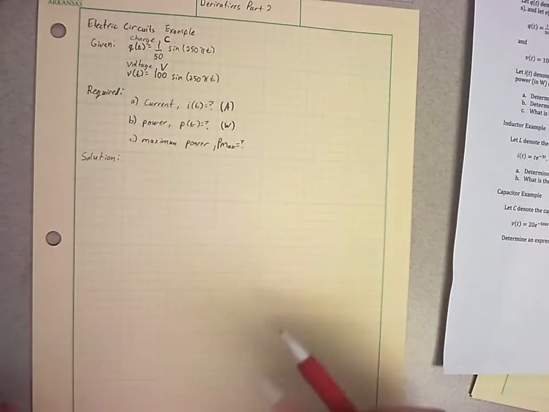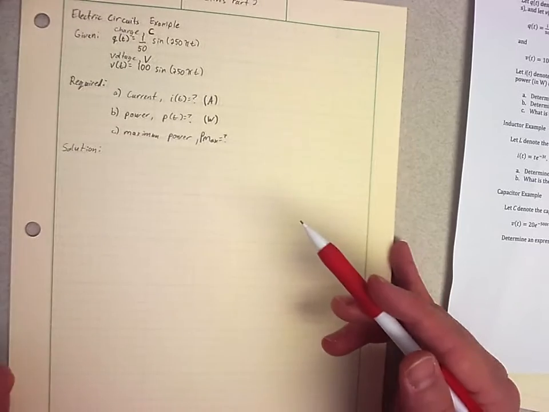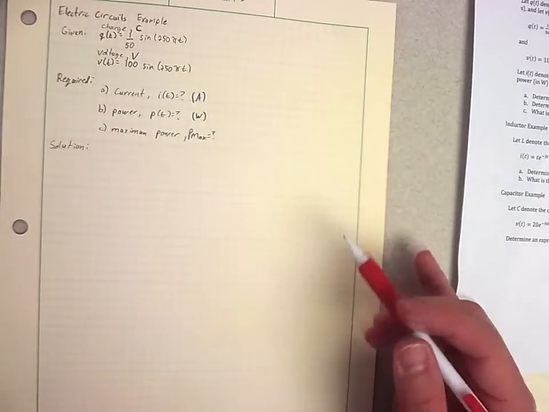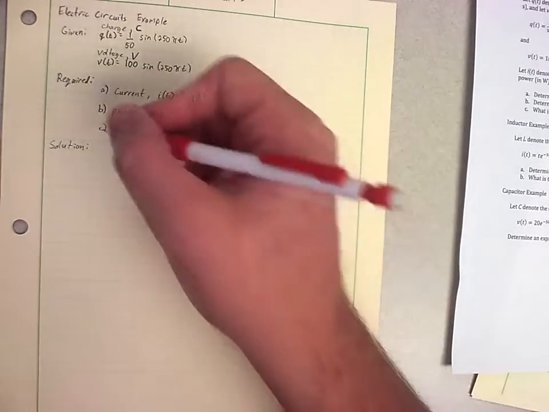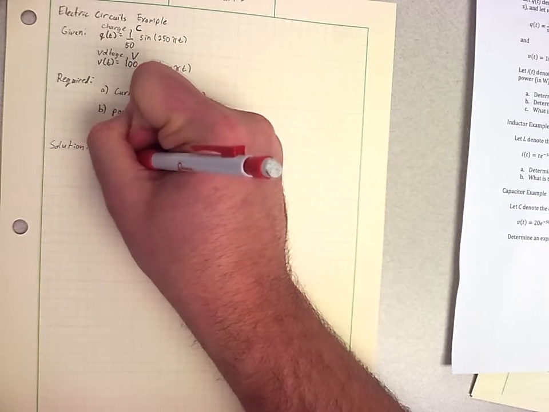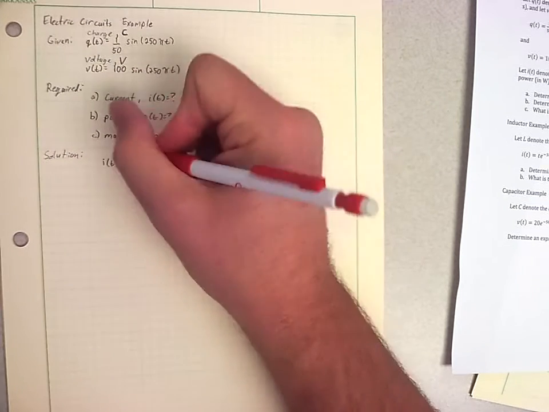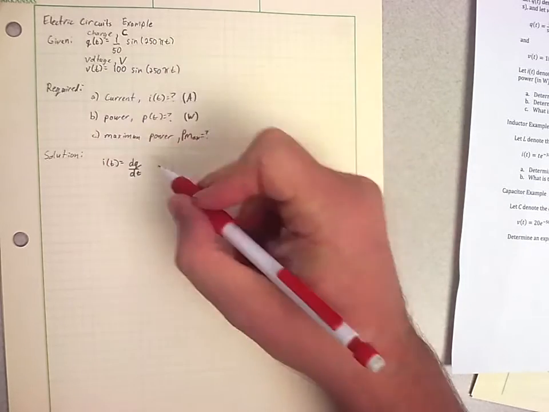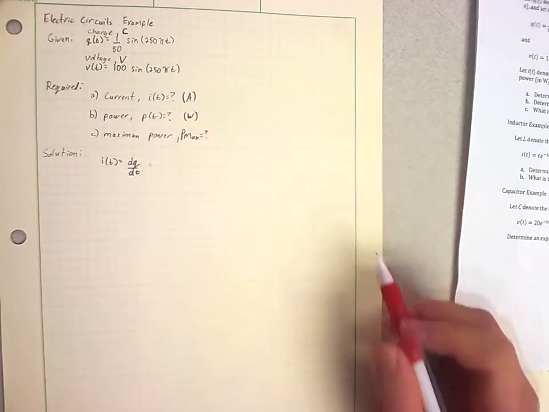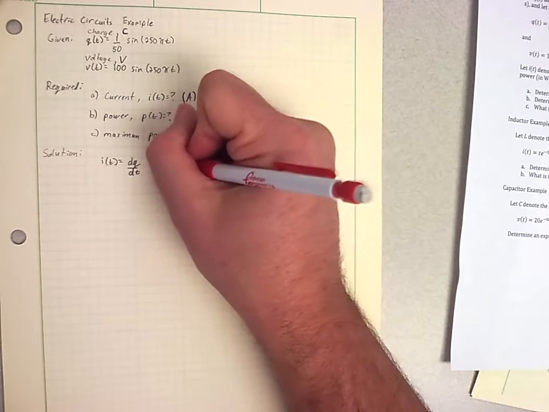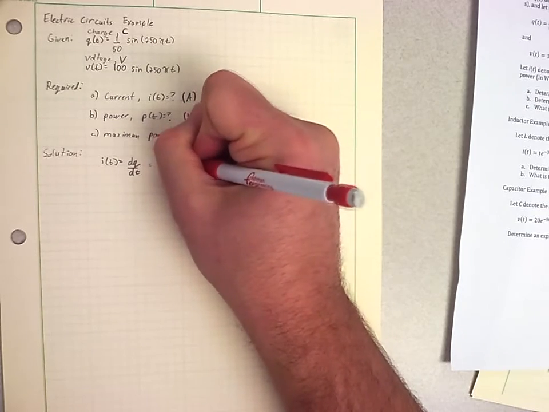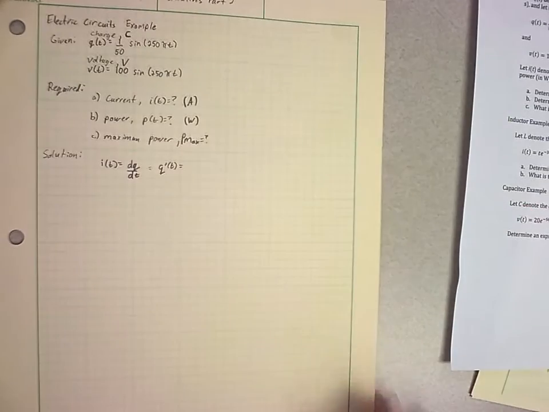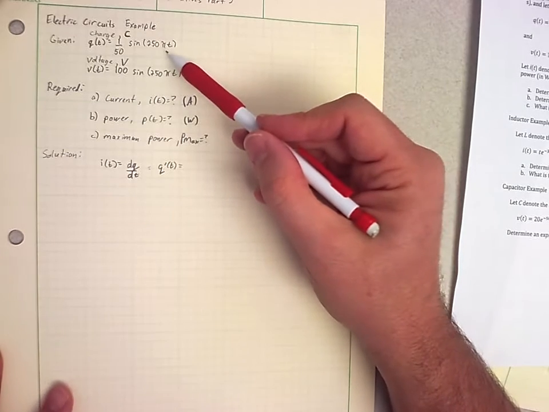We're trying to determine I of t. As we just learned, if you watched the previous video, we know that I of t is equal to dq/dt, the derivative of q with respect to time. So we have our function q.